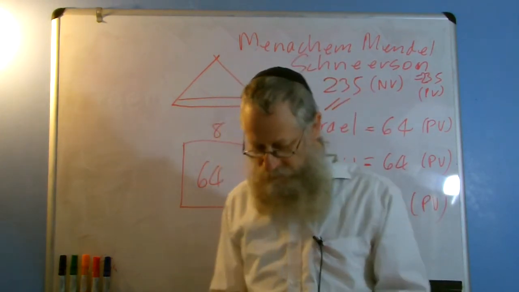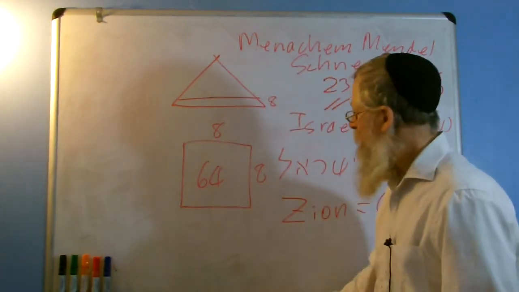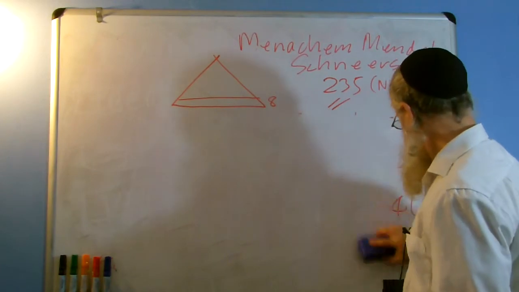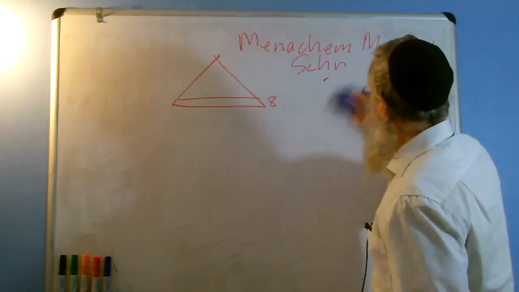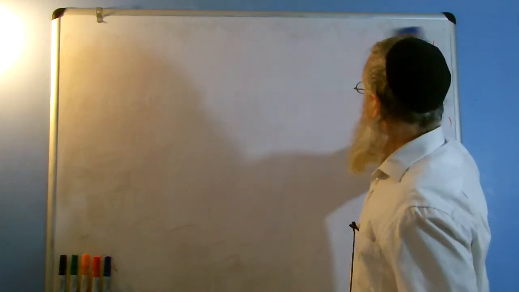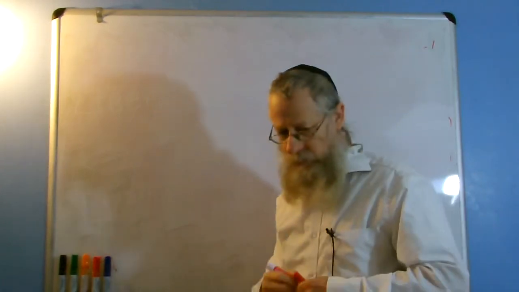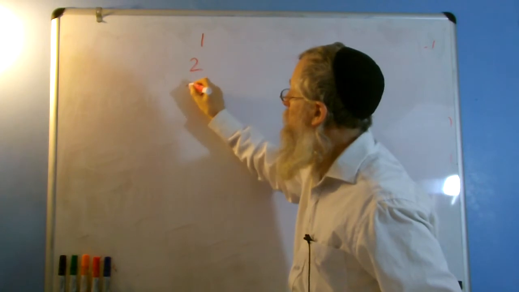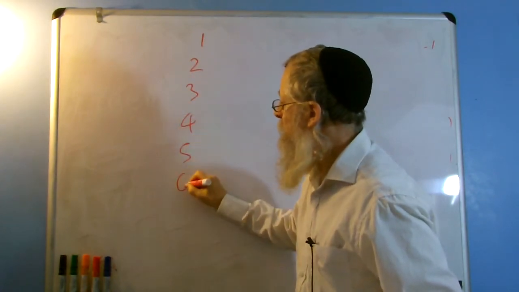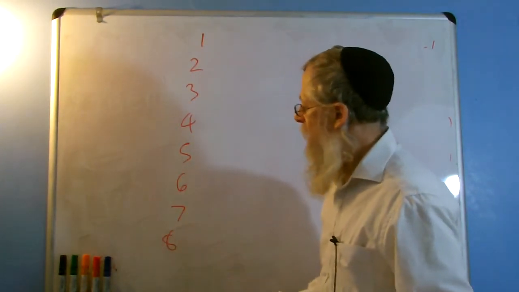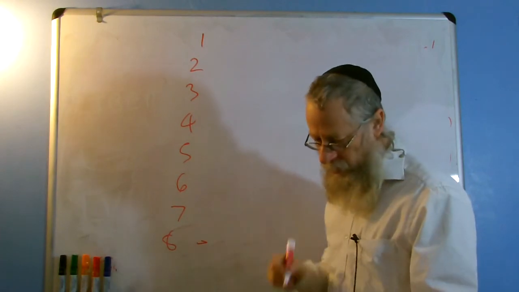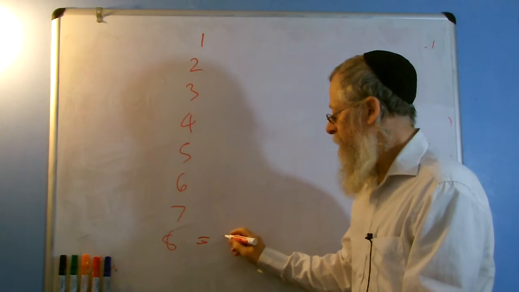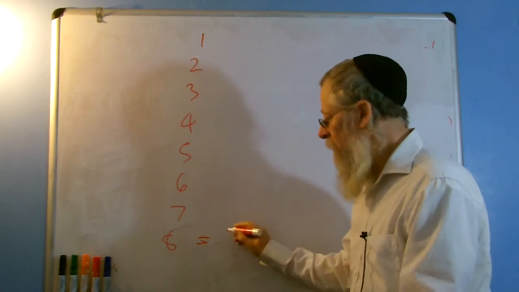So let's look at these squares now. We're going to go through the magic squares from 1 to 8. If we look at all these magic squares, I'm going to put 1, 2, 3, 4, 5, 6, 7, 8. The magic square of 8, this is the bottom one, has a magic number of 260.